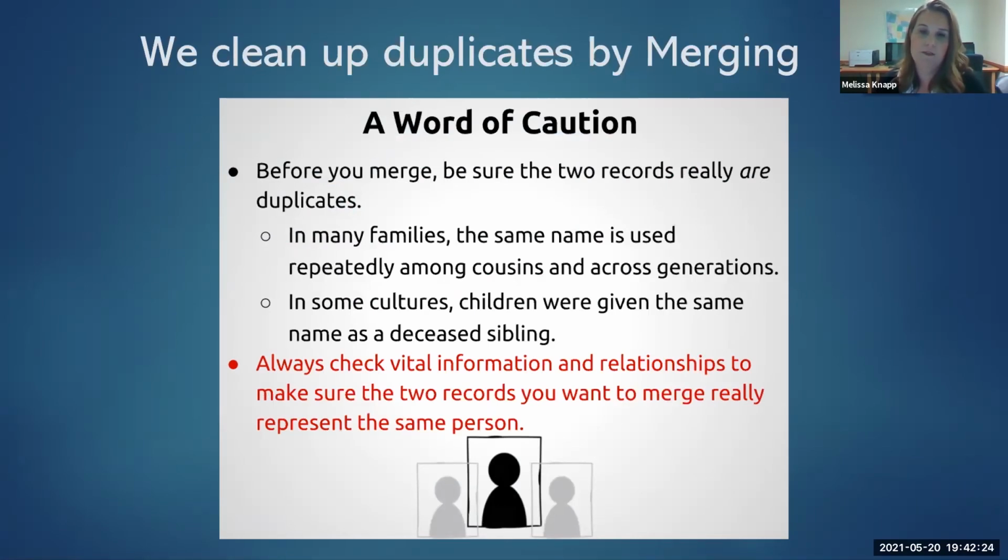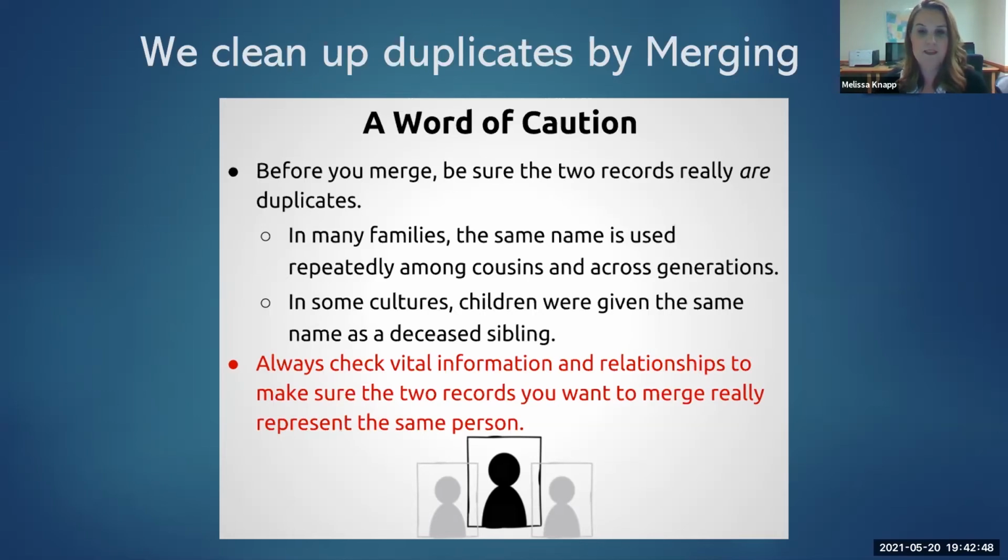Here's a couple of little rules to try to follow. Before you merge, be sure that the two records really are duplicates. In many families, the same names were used repeatedly among cousins and across generations. If you've ever done research in Scotland, you will see this, because they all named their children after their fathers and mothers.